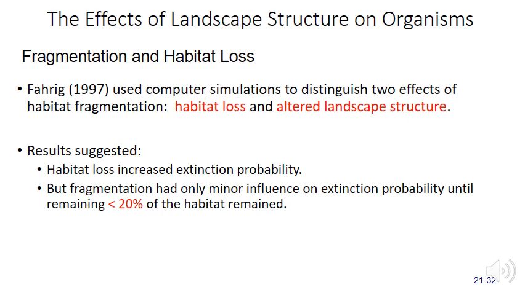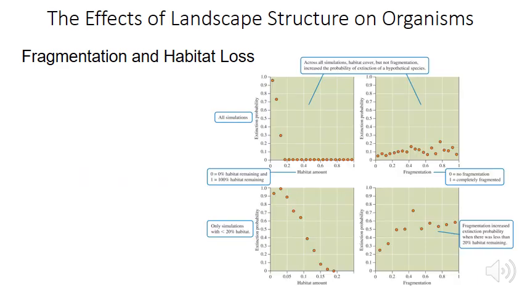At that point, the fragmentation itself starts to have a big impact on the extinction probability of species. What these results suggest is that, from a conservation standpoint, we should probably be more interested in conserving or preserving habitat generally, rather than worrying about how and to what extent habitat is fragmented.